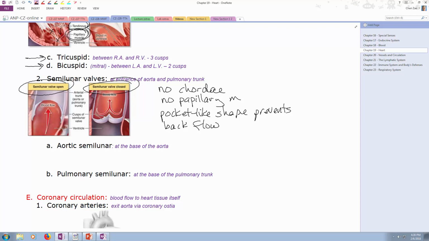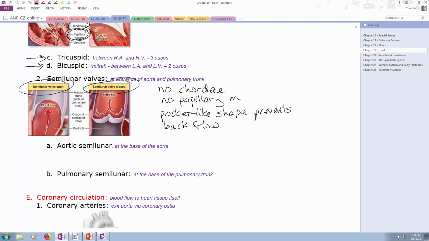So they're like shirt pockets or pants pockets, these semilunar valves, and we have 3 of them on each side, and so they'll all come together and they'll prevent backflow. Totally different construction, but still effective in providing one-way circulation.